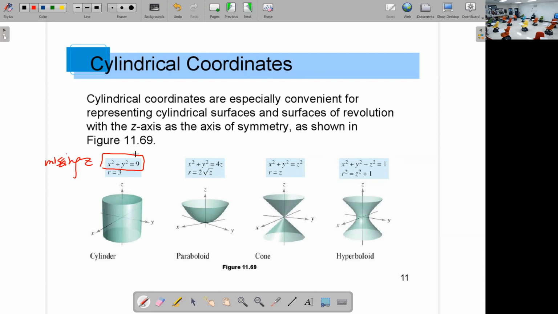So you've got x squared plus y squared is equal to 3 squared. I'm trying to draw the trace on the xy plane. Here's my circle with radius 3, and it's missing the z. And remember, missing the z means that z can be anything.